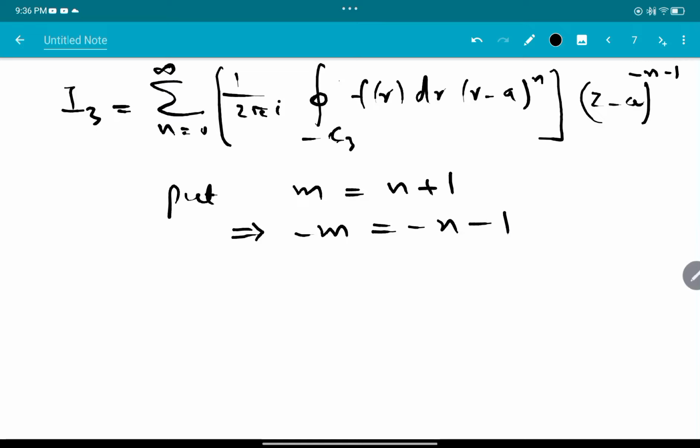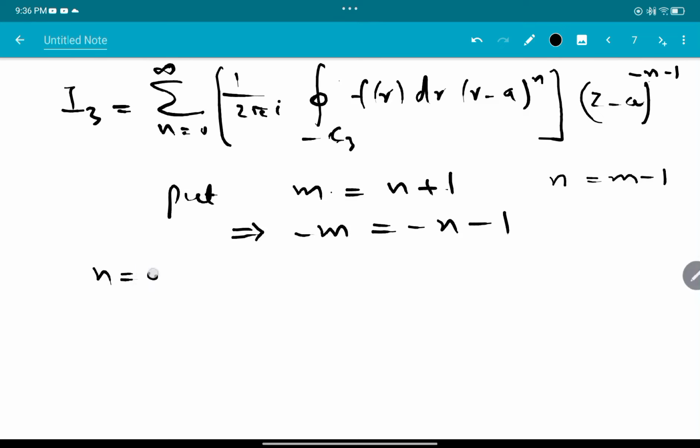Now we have this, then I can substitute minus n here. Then I have n here, and from this substitution n will be equal to m minus 1, so I will substitute m minus 1. And where else do I have it? Here.